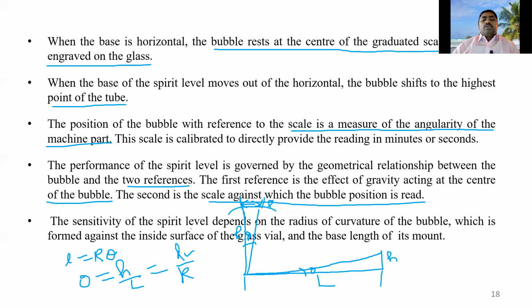So the sensitivity of the spirit level depends on the radius of curvature of the bubble, which is formed against the inside surface of the glass vial, and the base length of the mount.